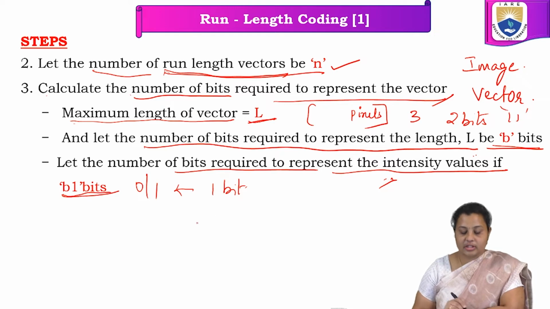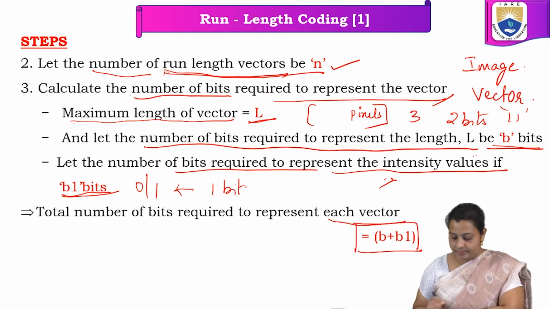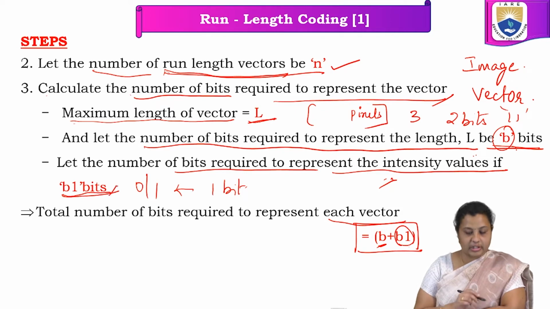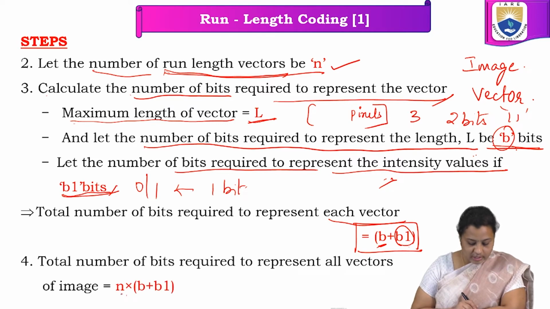Then the number of bits required to represent each vector is written as B plus B1, where B is the number of bits required to represent the length and B1 is the number of bits required to represent the intensity value. Then the number of bits required to represent the whole image: we have n run length vectors, so n into (B plus B1).